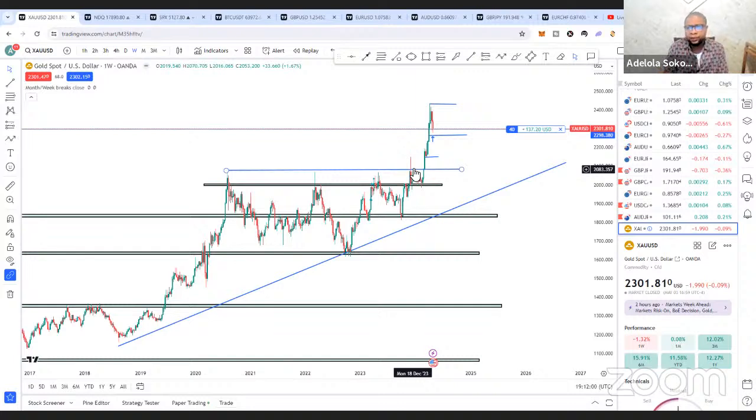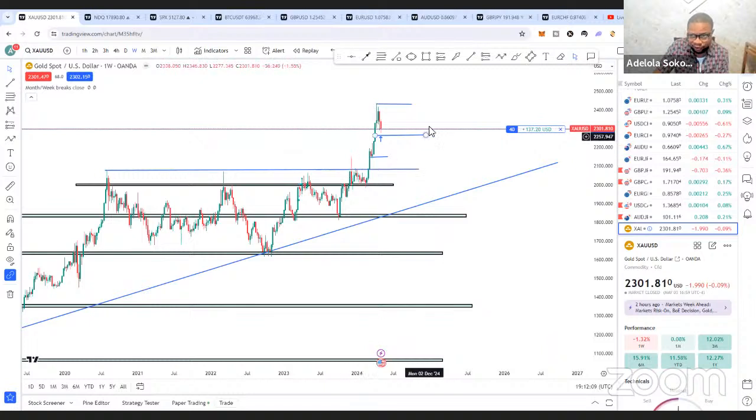If you have been in the group long enough, you'll notice that when gold printed this particular reversal, this one here, let me mark it out, this one that we have around there, I took some sell and I dropped some sell signals in the group, and I followed up that movement up to this point.